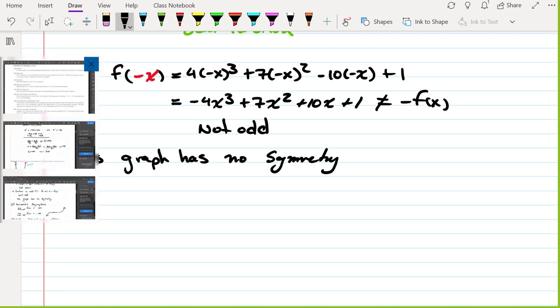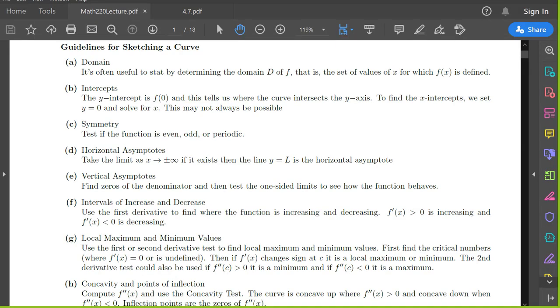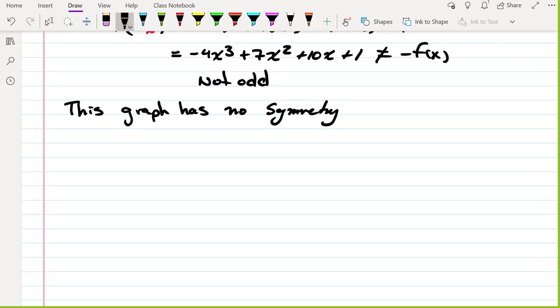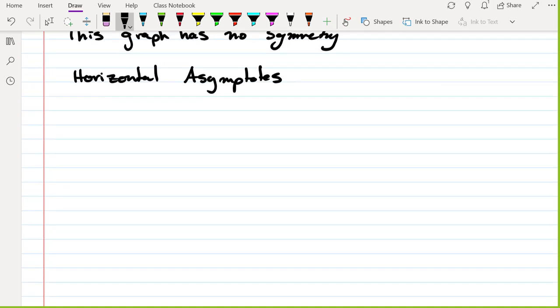All right, so moving along in our list so far, the next thing we would need to find are our horizontal asymptotes. So once again, with a polynomial, we need to take our limits as x goes to positive and negative infinity.